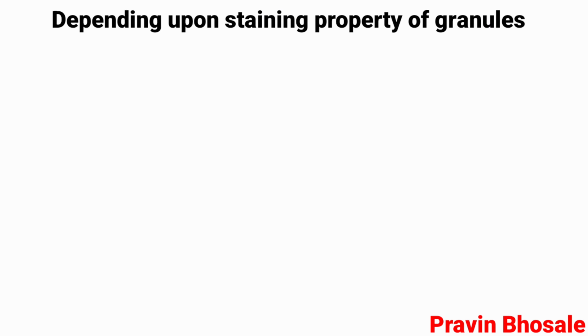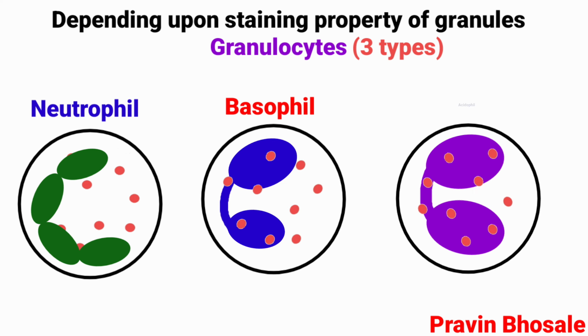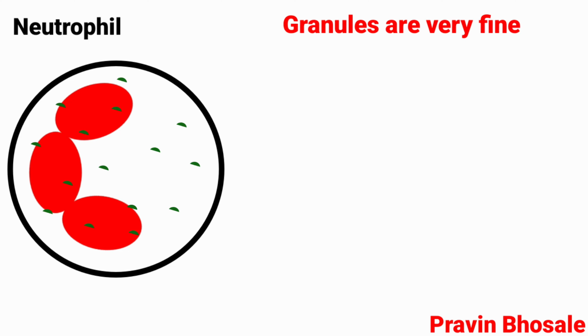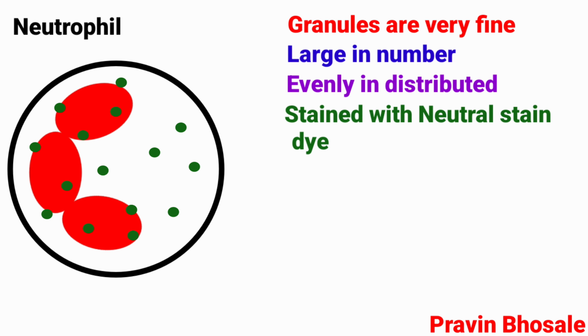Depending upon staining property of the granules, these granulocytes are classified into three types such as Neutrophil, Basophil and Acidophil. Neutrophil granules are very fine, large in number, evenly distributed and stained with neutral stain dye.